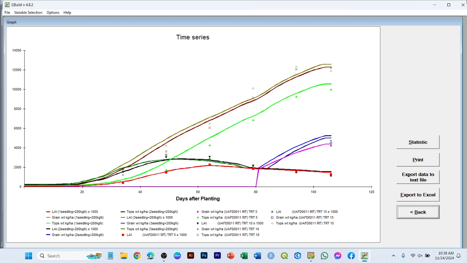Not all, but maximum. Only 5, 10, and 15. The maximum. Is it written below? Yes. Understand?